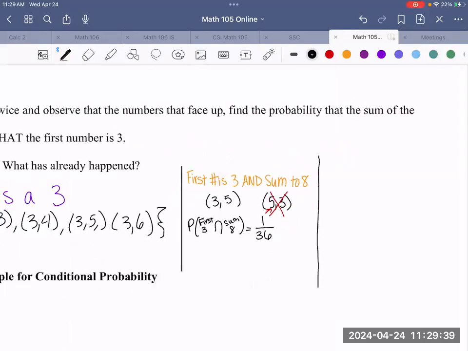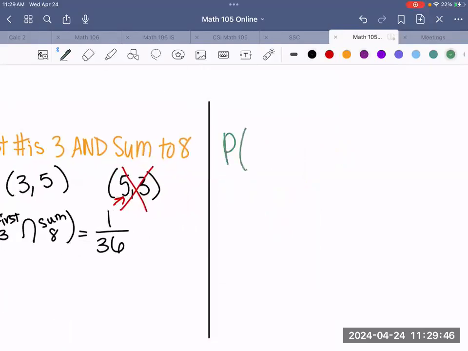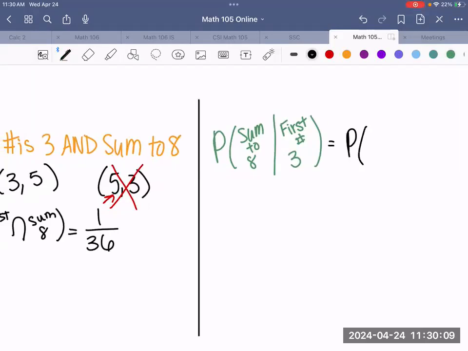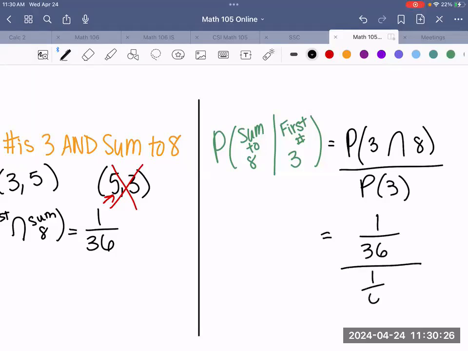All right, so now let's put it all together. We're looking for the probability that it sums to 8, given that your first number is a 3, which equals the probability that they are both happening, a 3 and an 8, over the probability of a 3, which we said is 1 out of 36 over 1 out of 6.